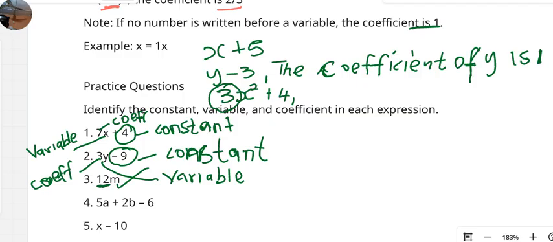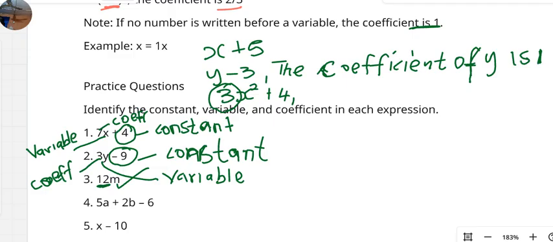Alright, let's see question 4 here. What is the constant? Pause the video and try it out. The constant is always that number that is alone with no alphabet attached to it. 5 is attached to A, so it's not the constant. 2 is attached to B, so it's not the constant.